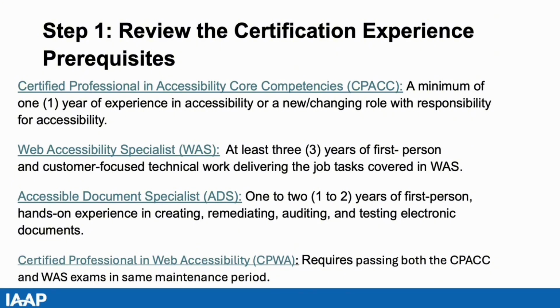Accessible Document Specialist, ADS, requires 1 to 2 years of first-person, hands-on experience in creating, remediating, auditing, and testing electronic documents. Certified Professional in Web Accessibility, CPWA, is IAAP's highest credential and requires passing both the CPAC and WAS exams in the same maintenance period. Once earned, it is maintained as a single certification.